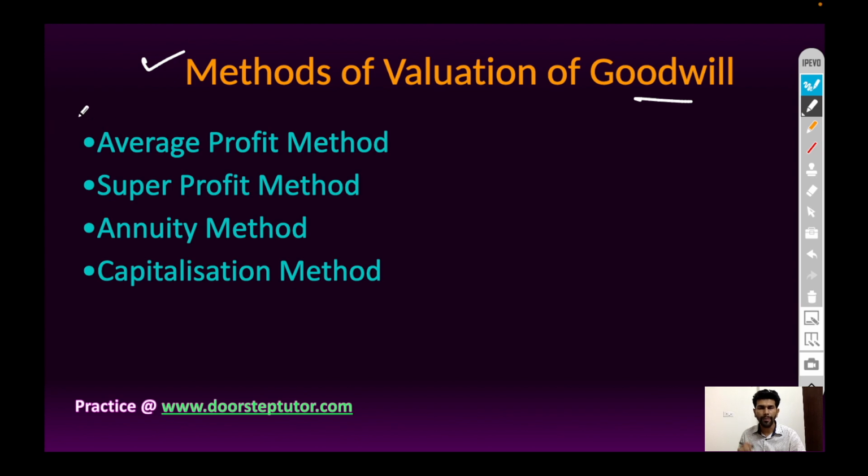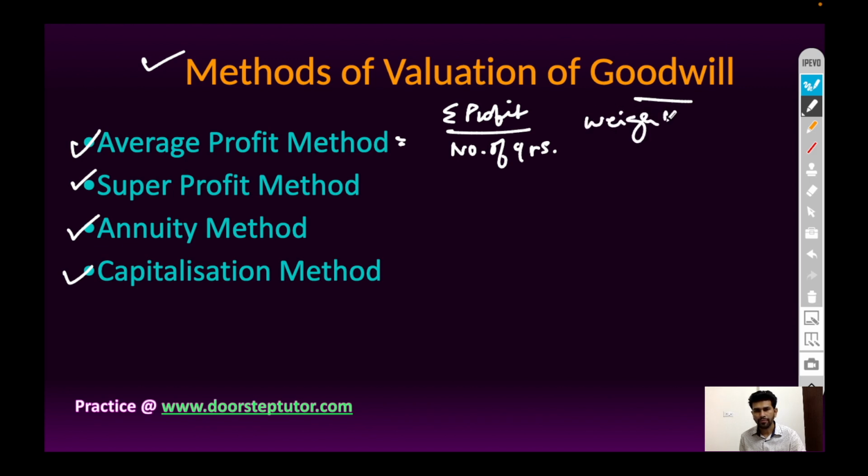There are 4 major methods of valuation: average profit method, super profit method, annuity method, and capitalization method. Average profit means we have to sum up the profit of total years divided by number of years. We can also give weightage to the profit.